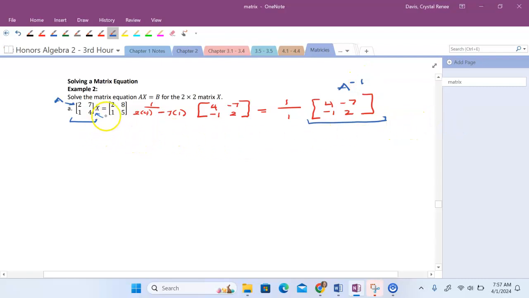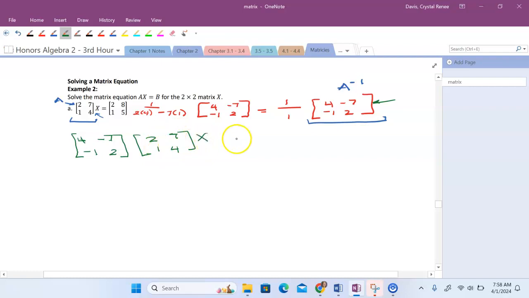Okay, so what I'm going to do now is I'm going to go ahead and use this to multiply on both sides of the equation. So that didn't turn out like I wanted it to. Okay, so I can do 4, -7, -1, and 2 times this, which is 2, 7, 1, 4.